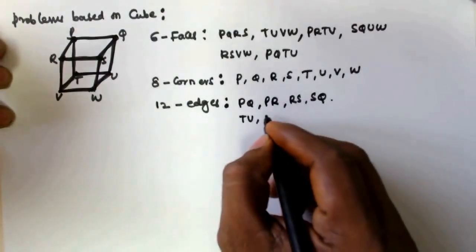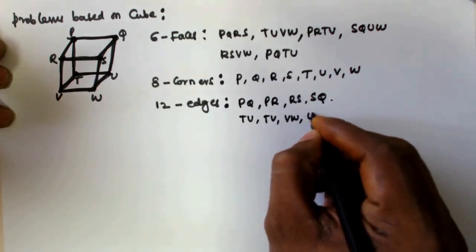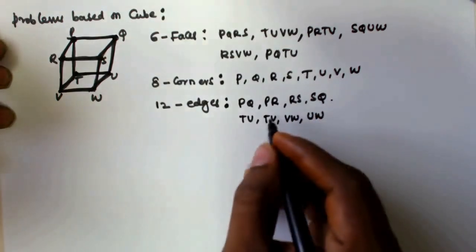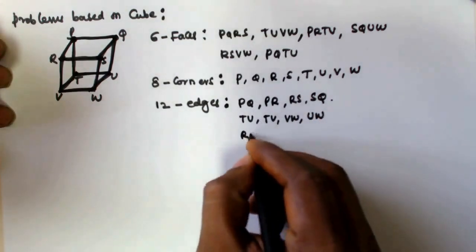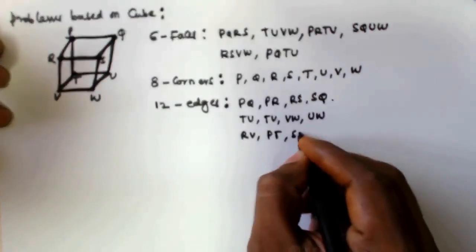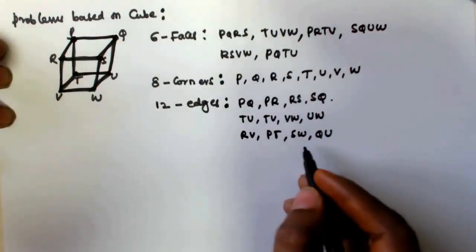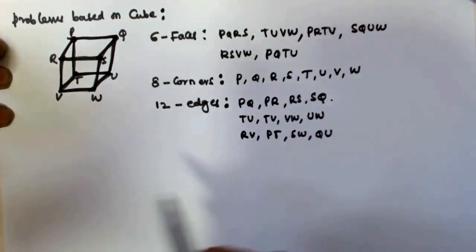The next ones are TU, TV, VW and UW. And RV is one edge and PT is an edge. SW is another edge and QU is another edge. So these are the 12 edges in the given cube.